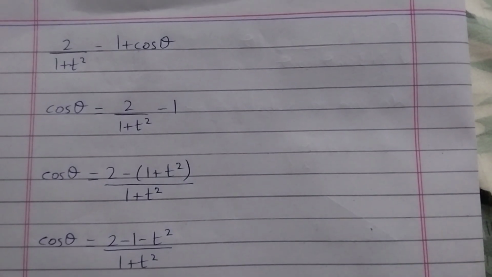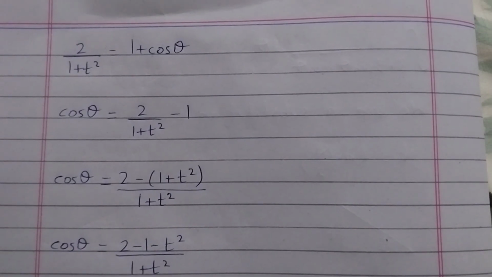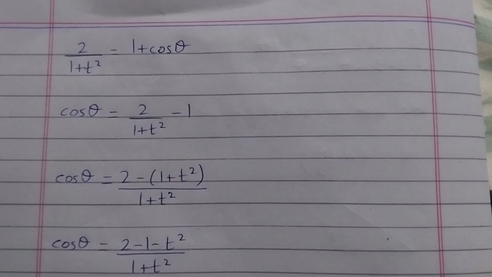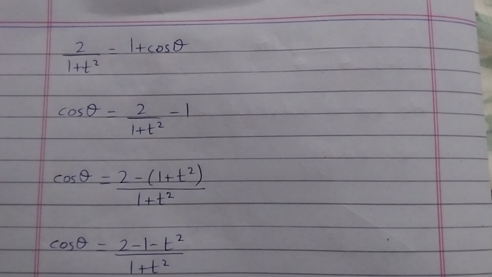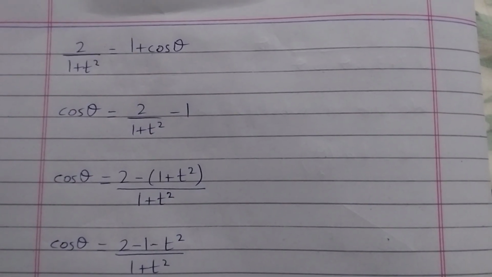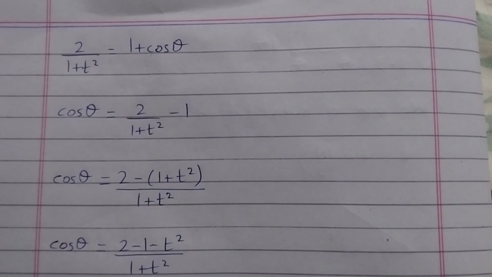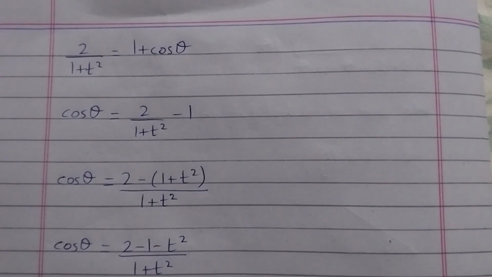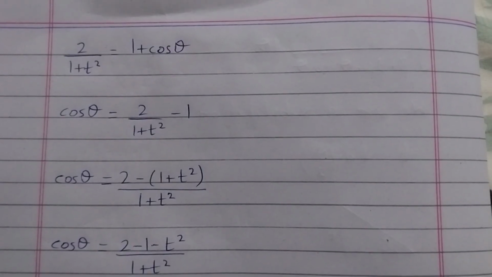So 2 over 1 plus t squared is equal to 1 plus cos theta, and we are interested in cos theta. So we'll separate cos theta from here. So it will become 2 over 1 plus t squared minus 1. Next we'll take the LCM, and LCM here will be 1 plus t squared, and in the numerator we'll have 2 minus 1 plus t squared.